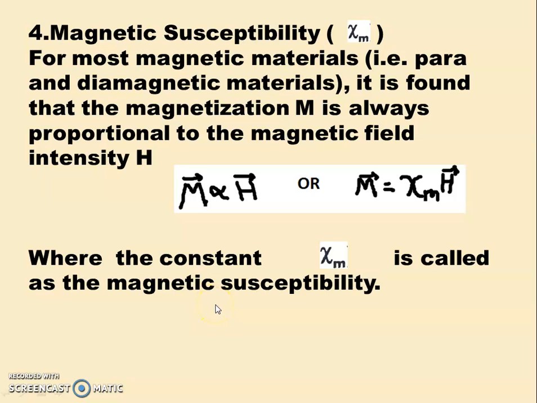See here, magnetic susceptibility chi M is a very important property of these magnetic materials.